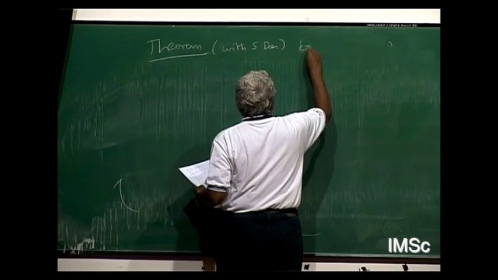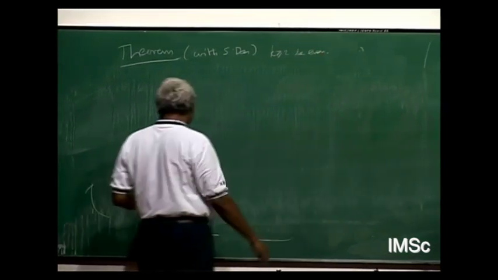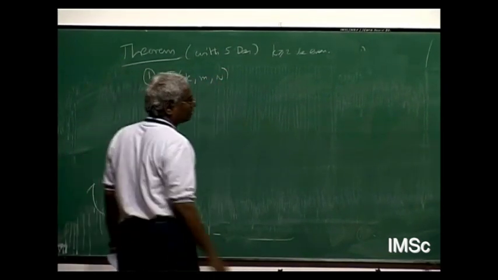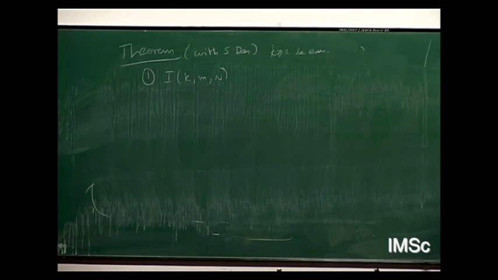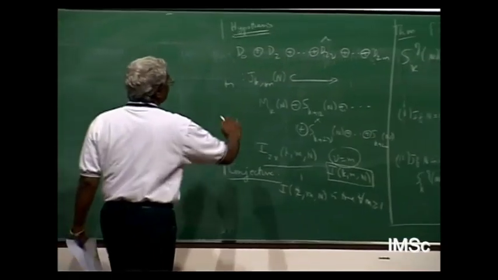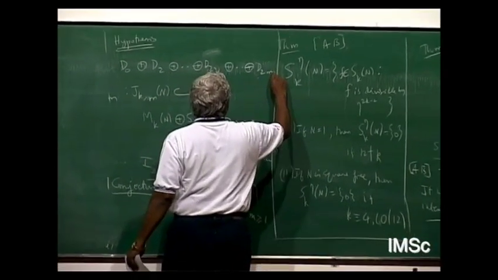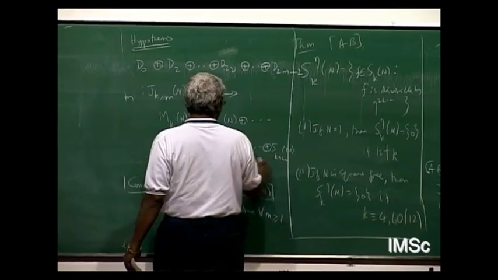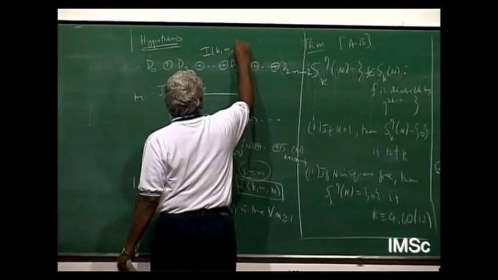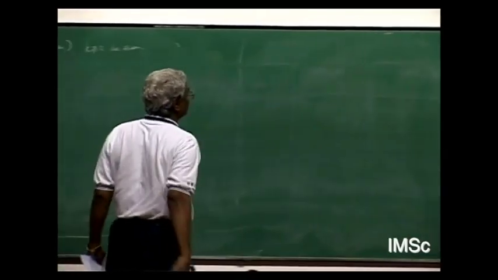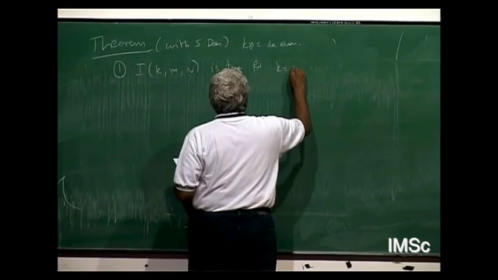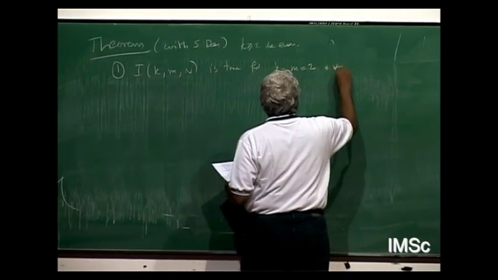So k greater than or equal to 2, be an even integer, then the property I_{k,m,n}, that means I am removing the last operator, that I can remove the last one, is true for k equal to m equal to 2 and all square free n.